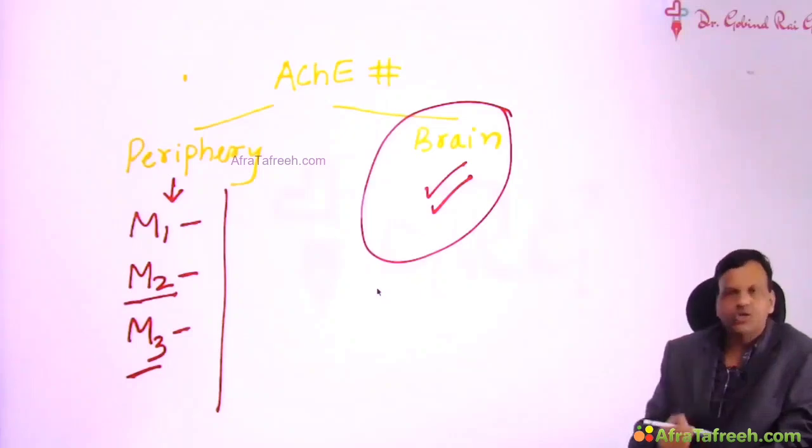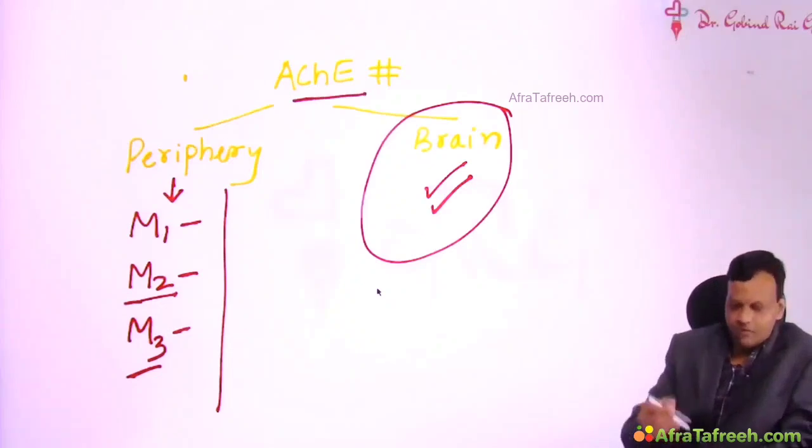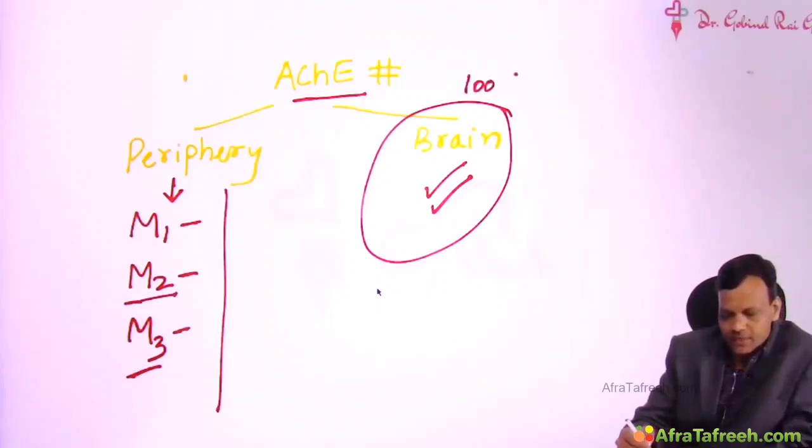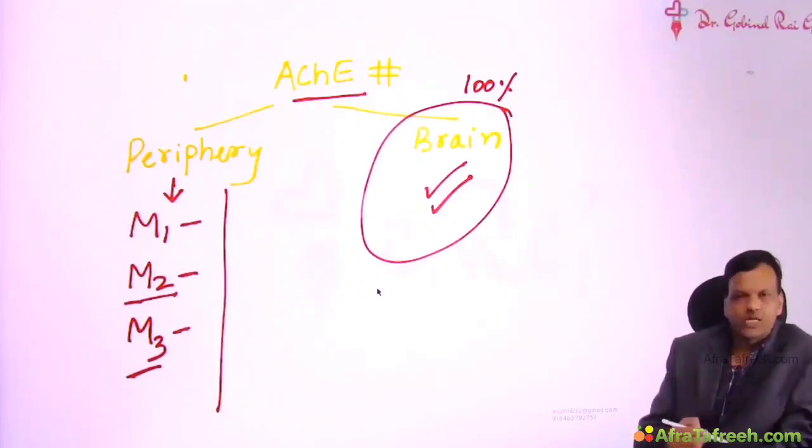So what is the solution? The simple solution is we want an acetylcholine esterase inhibitor that is lipid soluble, but with almost 100% entry in the brain. That means a highly lipid soluble drug which almost all enters the brain and does not remain outside, so these peripheral side effects will not come.